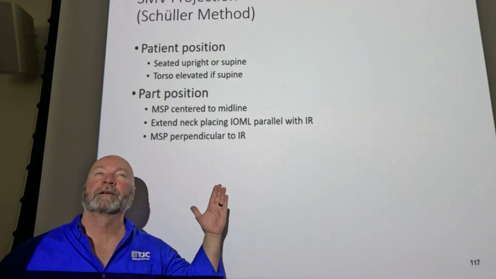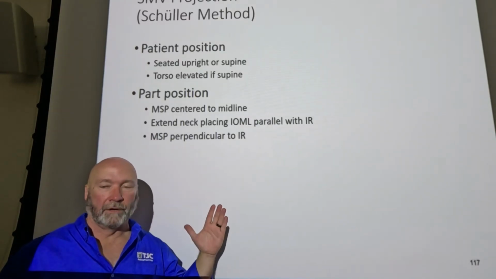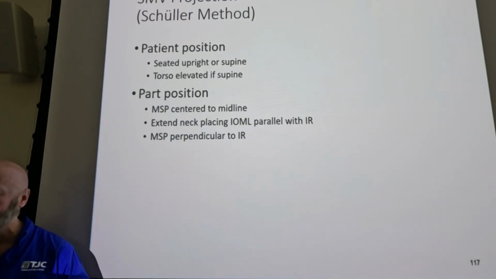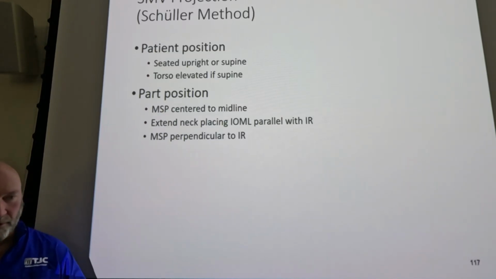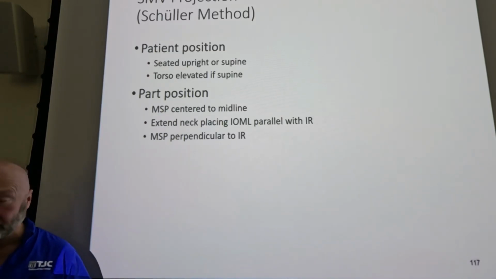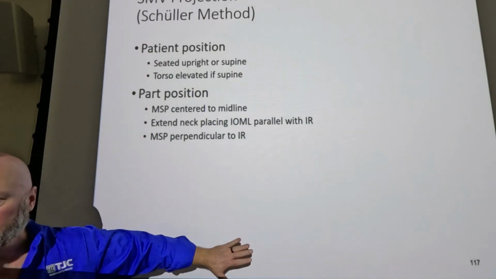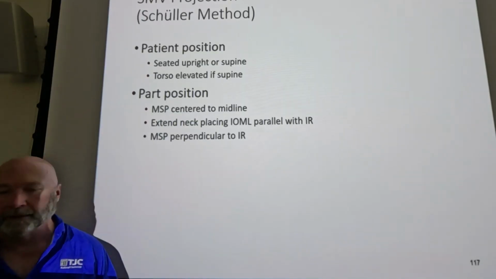So the chin has to go all the way back until that is vertical, right? So you have a patient slouched down in a chair. Highly recommend you do not use a rollaway stool for this, okay? Use a chair, or at least a stool that doesn't roll. Vertex of the skull on the image receptor, IOML parallel to the image receptor.